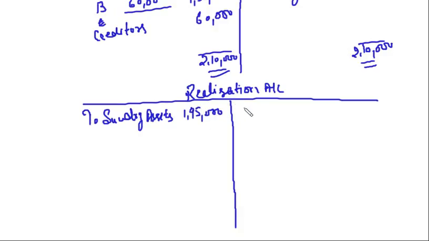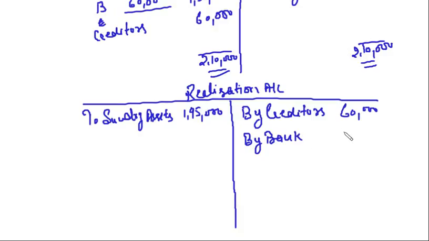Clear? And what are the liabilities we have? Talking of only the outsiders liabilities by creditors, 60,000. Now we are given the information that sundry assets realized 1,50,000 and we have to settle the liability of creditors to bank.